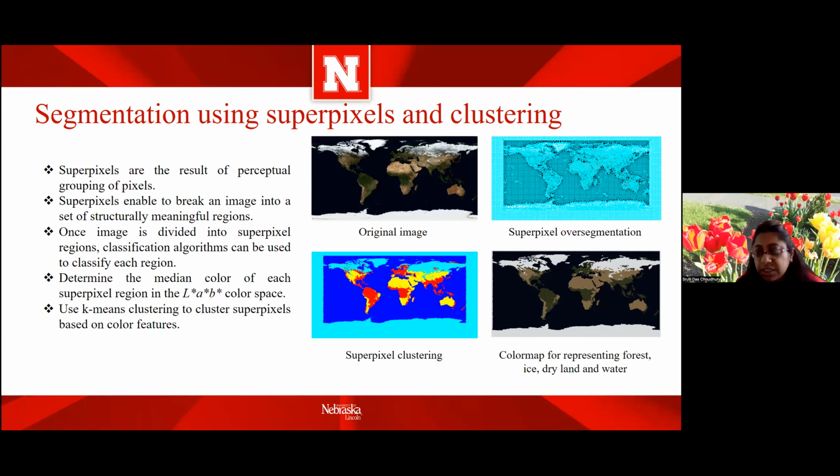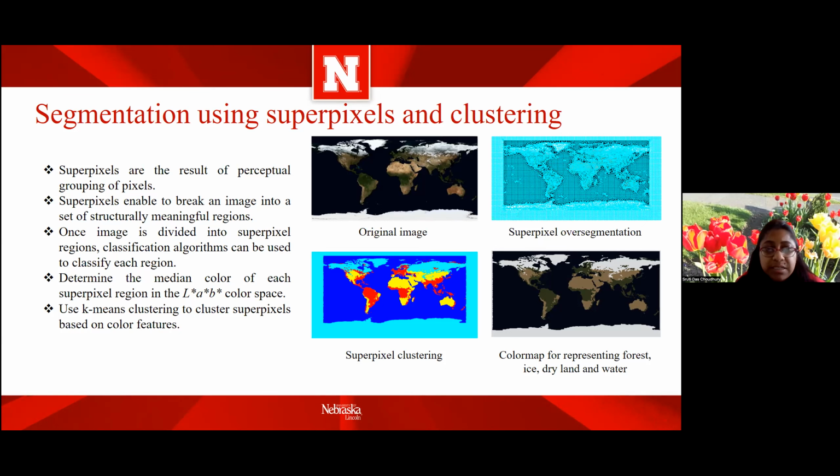We used a color map to back-project the segmented results, which is shown here to give a more realistic segmentation that can identify the different segments. That means which is forest, which is icy land, which is dry land, and which is water. So this is segmentation using superpixels and clustering.